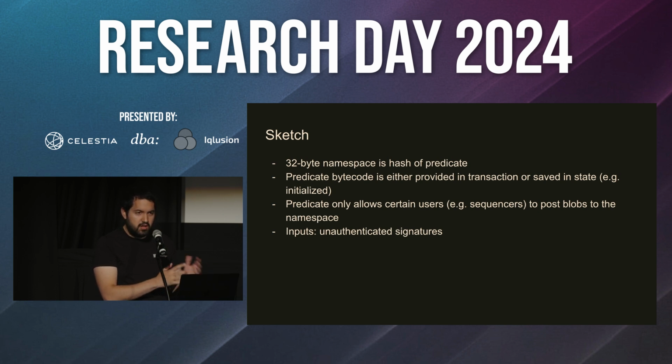Or it could be a multisig, whatever. It could be a sequencer. You could have some logic in the predicate that also allows for rotation, so you can move to a different namespace with a different set of pub keys, things like this.